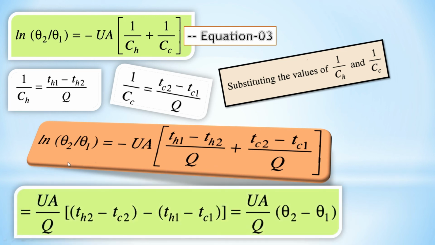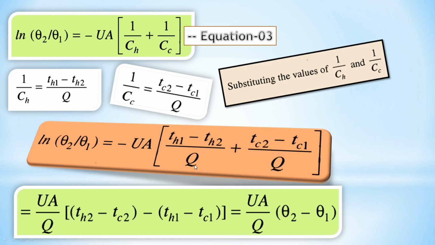Further we simplify this equation. Here we are considering the minus 1 multiplied with the bracket term, so TH1 becomes negative, TH2 becomes positive, TC1 becomes negative, and TC2 becomes positive.